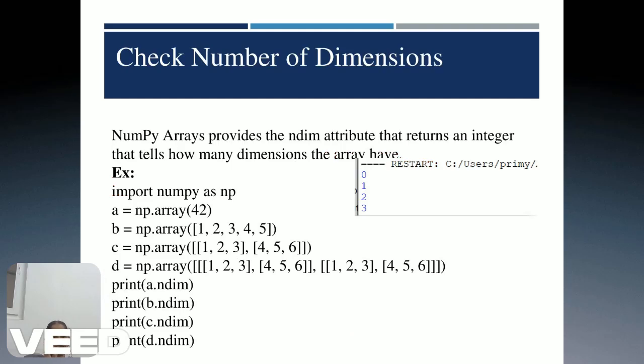We have an attribute called ndim, which prints the dimensions of the array. So a.ndim is 0, b.ndim is 1, and c.ndim is 2.